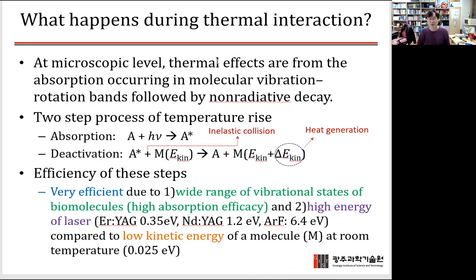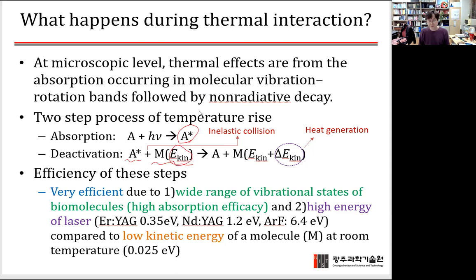So what happens during the thermal interaction? When light illuminates the tissue, the absorbers in the tissue take the energy from the light and go into an excited state, which is A star. These excited absorber molecules then deliver the excited energy to the surrounding molecules, M, which have some kinetic energy.